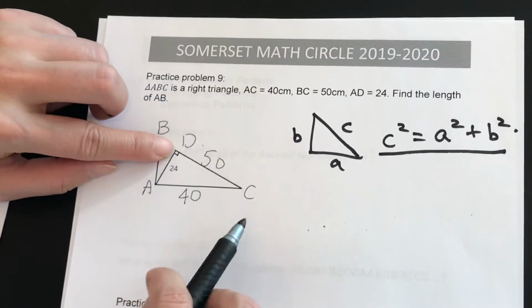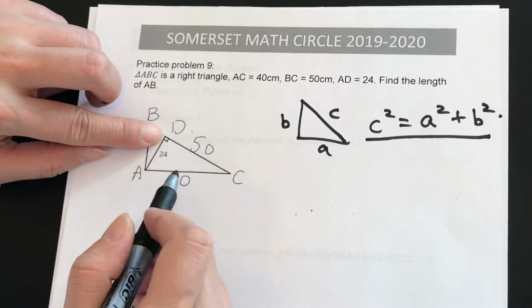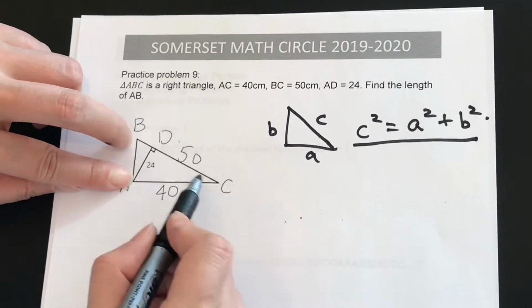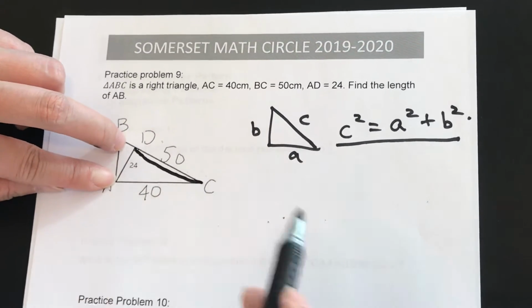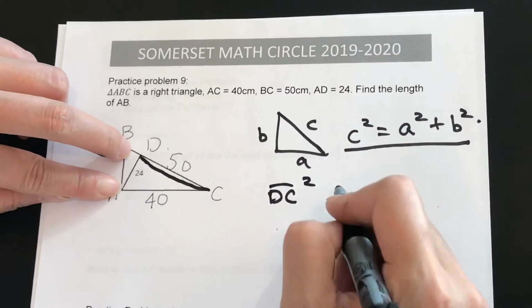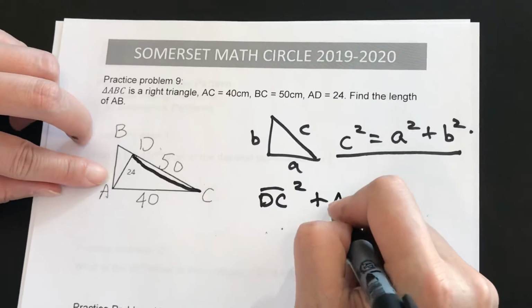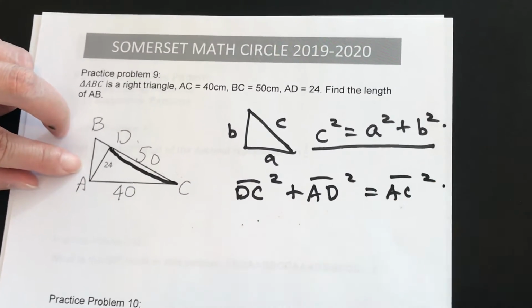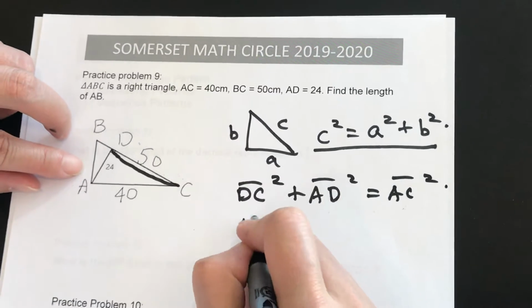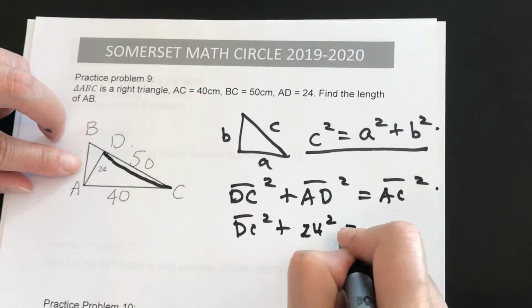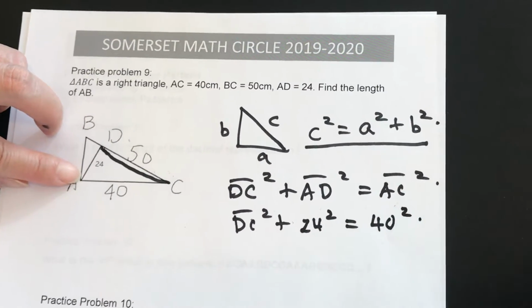For example, in this right angle triangle, this side is 24, this side is 40. We can find out this one. So DC squared plus AD squared equals AC squared. That is DC squared plus 24 squared equals 40 squared.